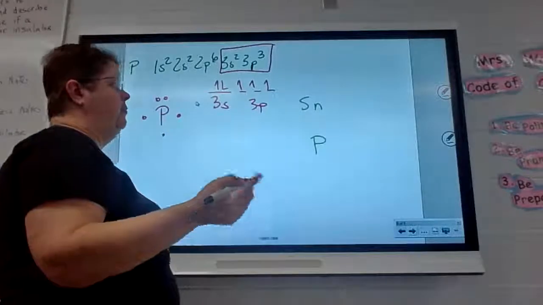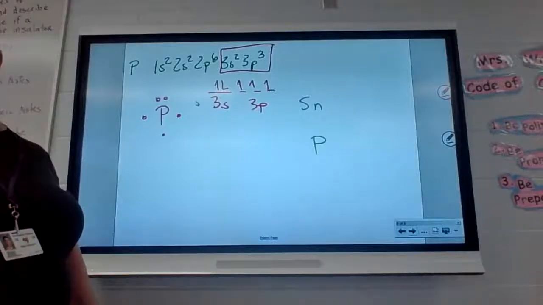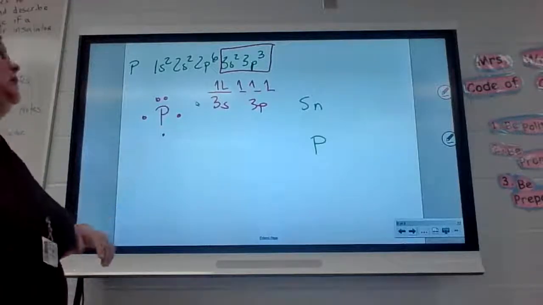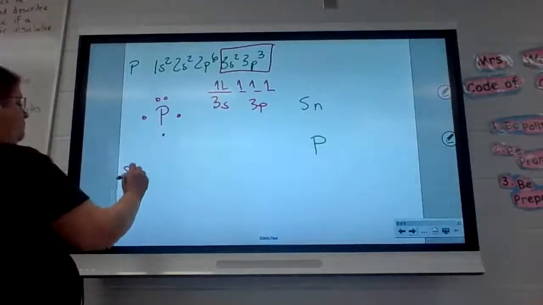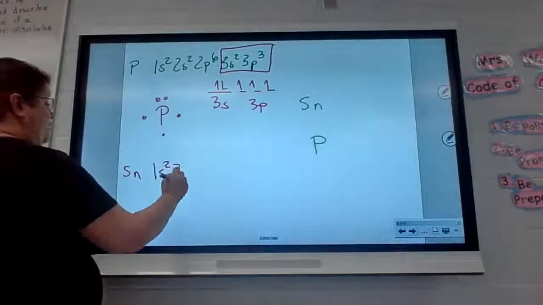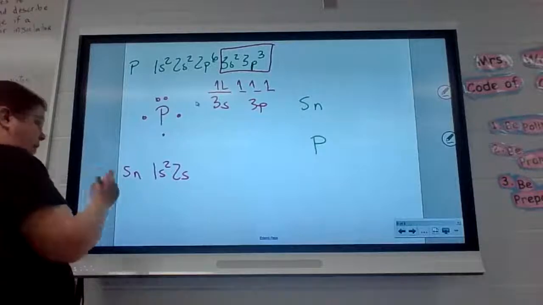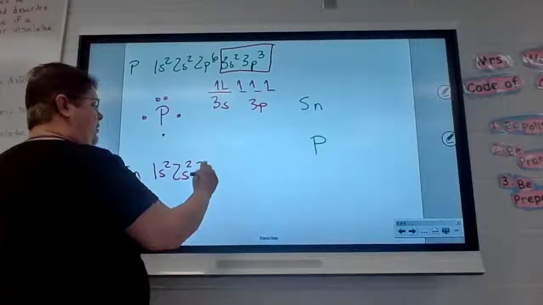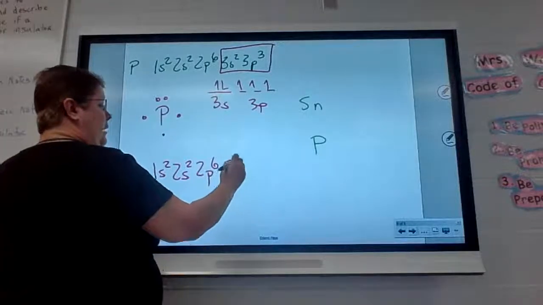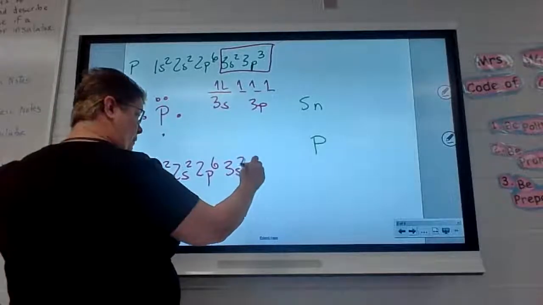Now, the other one, which I talked to several people about, is tin. They started with tin, obviously, and they started drawing all these arrows, and they drew 50 arrows. There's nothing wrong with doing that. It just takes a lot of time to draw 50 arrows.